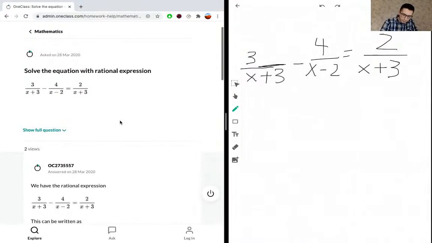So we can move this term to this side of the equation and then move this term to that side of the equation, because we already have a common denominator of x plus 3 in this term and x plus 3 in this term. Okay, so to start off, we'll take the 2 on top here, and we'll say minus 2. Since we have a common denominator, we can just put all of this over x plus 3.